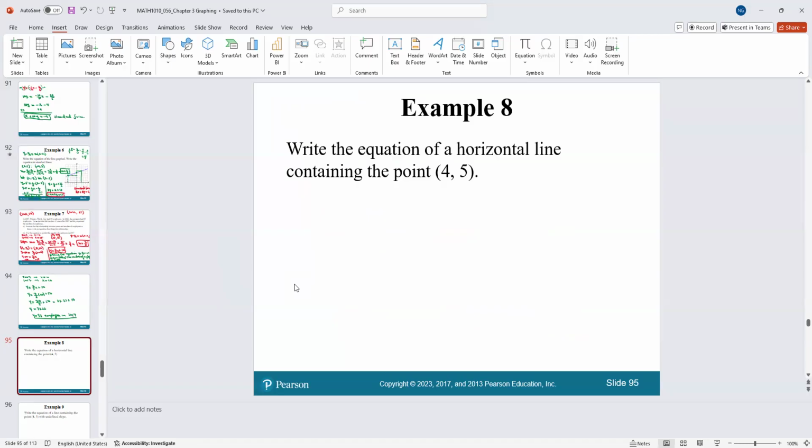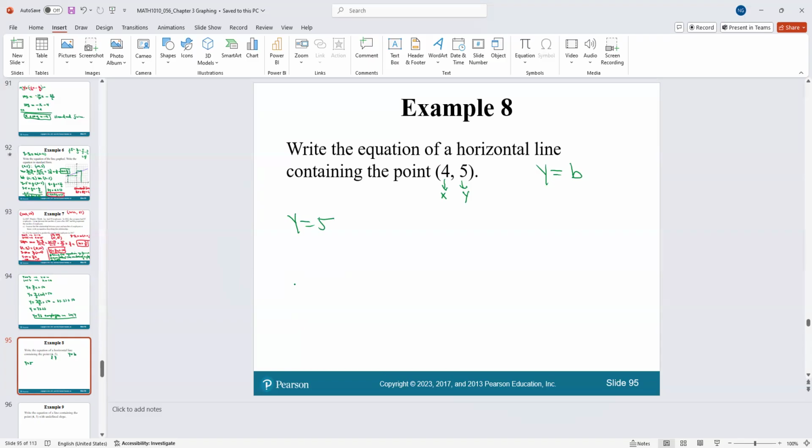A horizontal line has an equation of the form y equals b. From this point, you have two coordinates. The first coordinate is x, and the second is y. So we can see here that y equals 5.